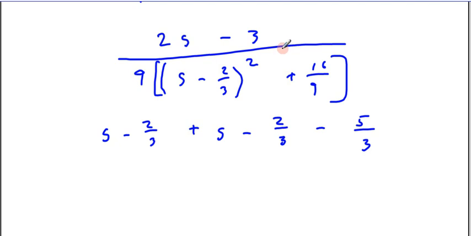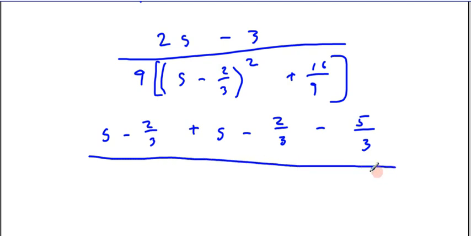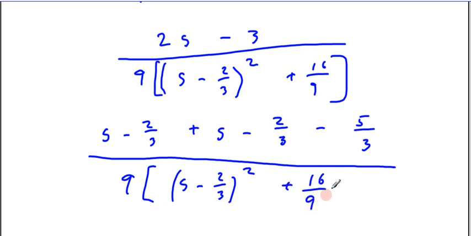So I'm going to take out this 3. Does that make it a minus 3? Yes, it does. So 2 and 2 is 4, 5 is 9, divided by 3 gives me that 3. Okay, and on the bottom, I have 9 times s minus 2 over 3 squared plus 16 over 9.